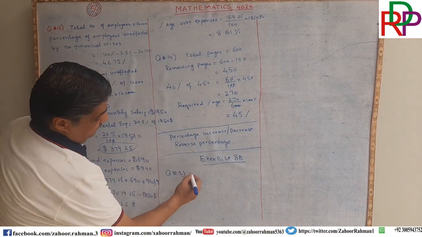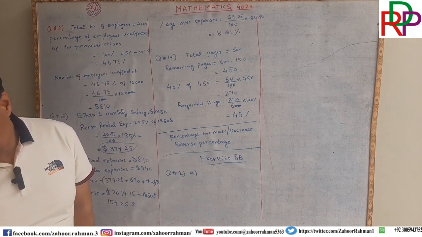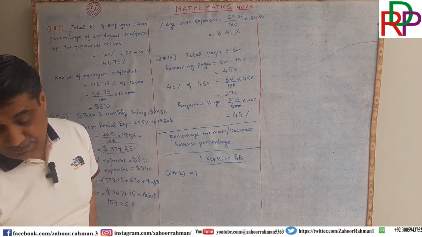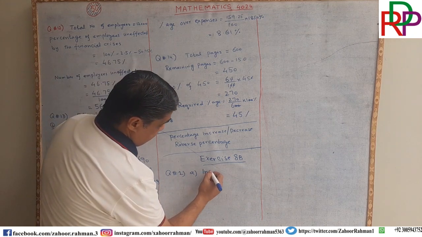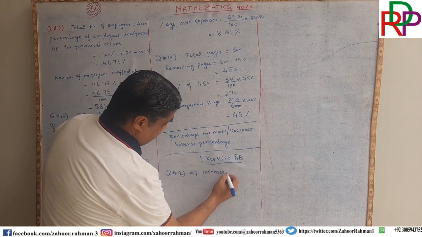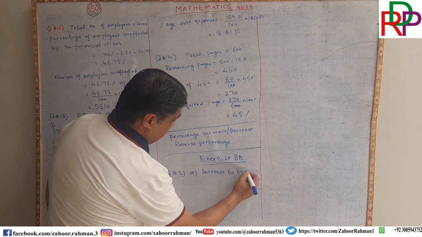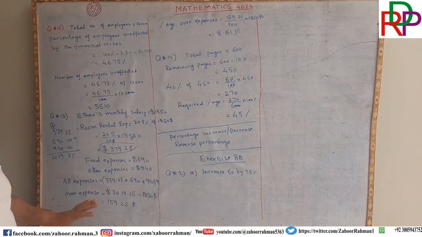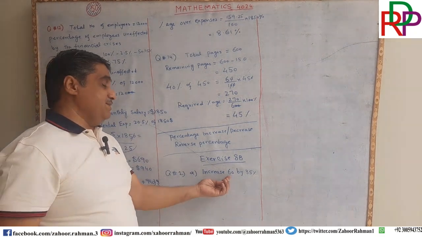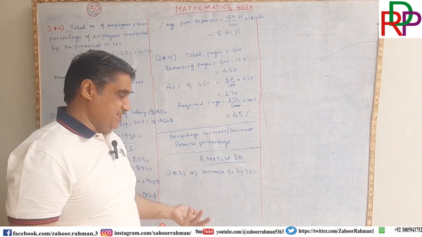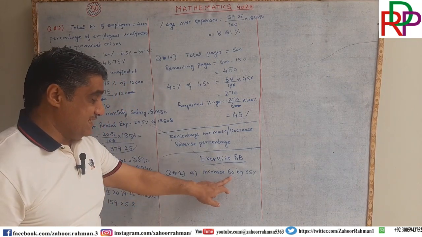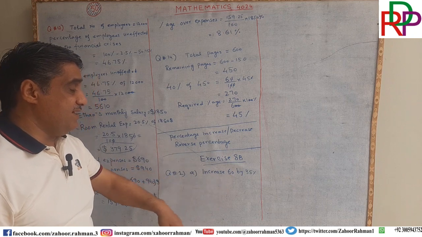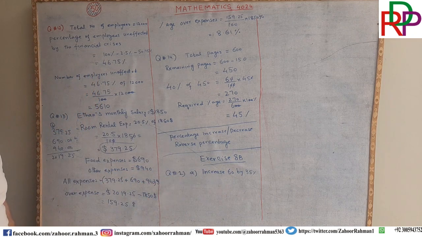Part A is saying increase 60 by 35%. Let me tell you that the petrol price we are taking generally was $60, but there is a 35% increase in this price. What will be the new price?